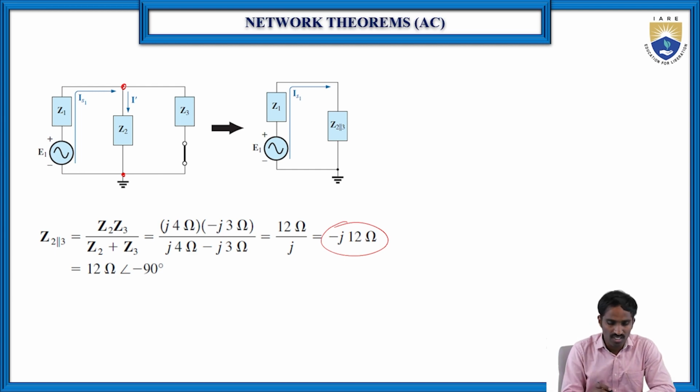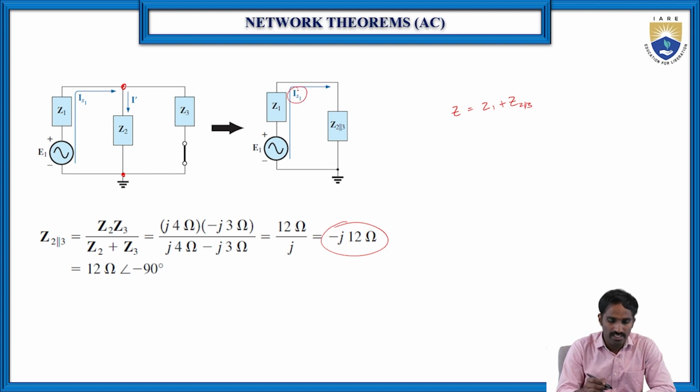Then of course Z1 and Z23 are in series. Then the total impedance, let us consider Z, is equal to Z1 plus the parallel combination of Z2 and Z3. Now from the circuit we can find the total current flowing through the circuit, which is IS1.